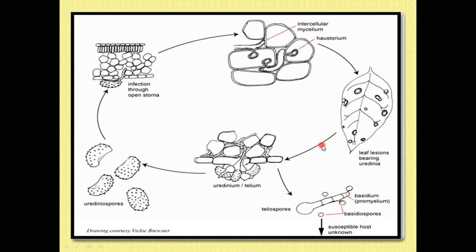Primary infection generally takes place as this fungus survives the off-season in crop residues through the uredial stage, meaning the infected leaf generally falls on the land or around the trunk portion of these coffee plants.